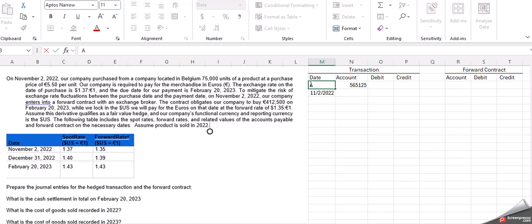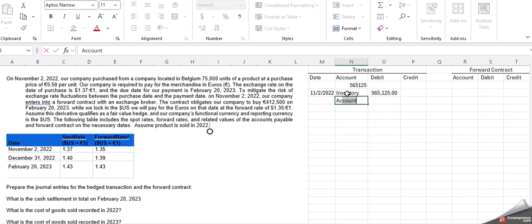Then it's going to go into inventory. So we're going to debit inventory for the $565,125, and then we're going to credit accounts payable.